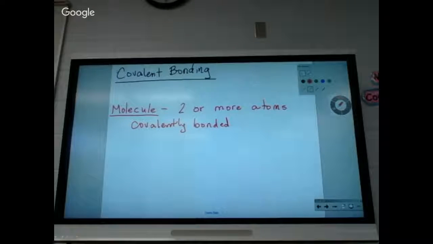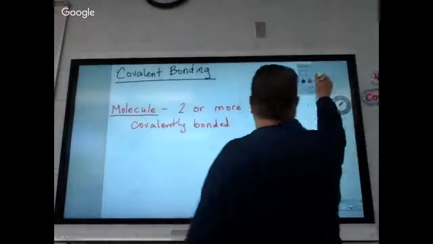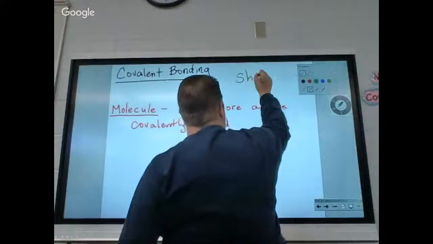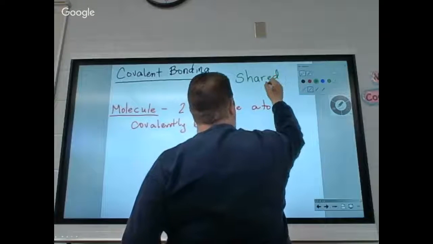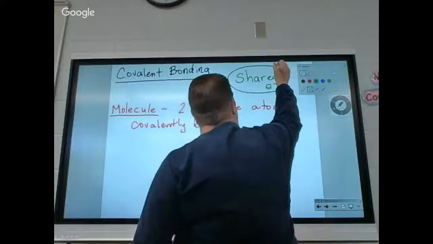Look back in your notes to the definition of covalent, that we did a day or so ago, and let's pray that Ms. Wall gave you the right definition and we wrote down this word that I need. What is that key word that y'all just yelled out? Share. Okay. So every time we talk about covalent, I need you to remember that we're talking about shared electrons, first of all. Shared electrons.